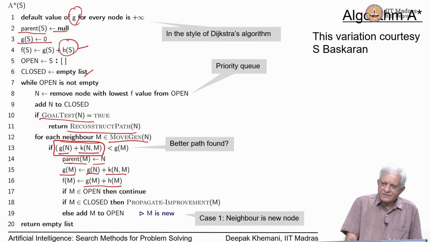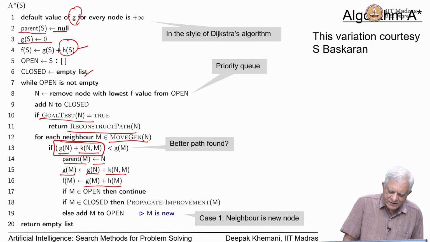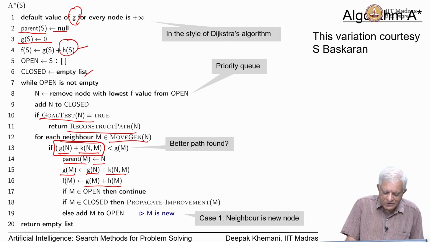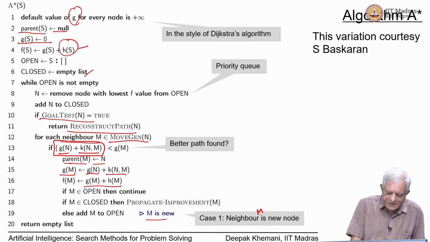Now, there are three different cases that the A-star algorithm encounters, and most textbooks mention these three cases explicitly, but here they have been included in one long piece. Case one is when this m, remember this m is each neighbor that we are talking about, is a new node, as mentioned here.